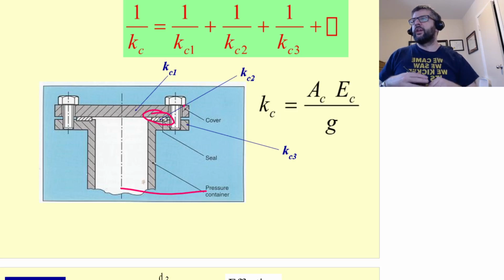But the presence of that softer, more flexible gasket is going to have a large impact upon the overall stiffness of the joint in question.